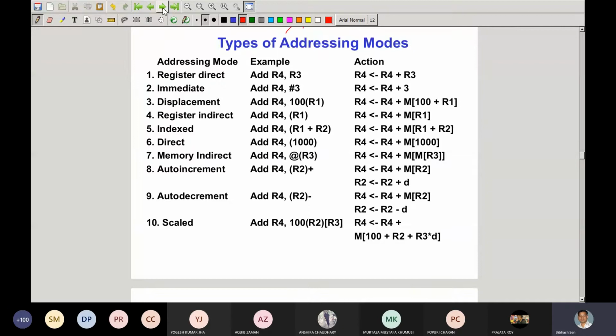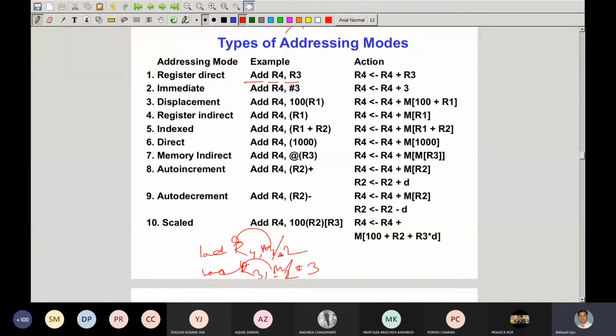In register direct, you see, if I write ADD R3, R4, it must be that an earlier instruction loaded R4, maybe from memory, and another loaded the value of R3, maybe from some memory location, M1 or M2. So this should be loaded and this should be loaded.